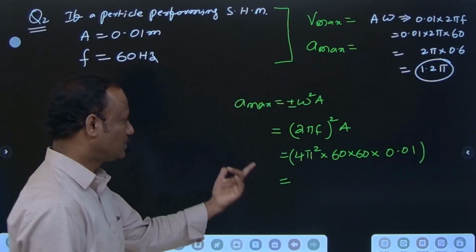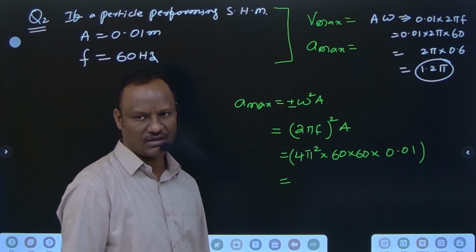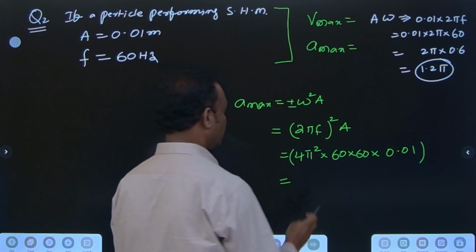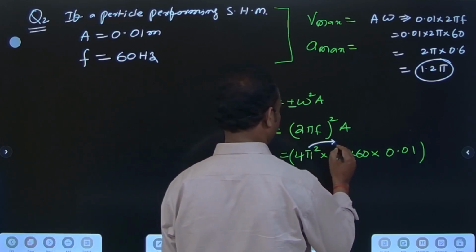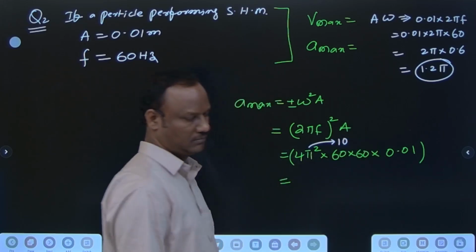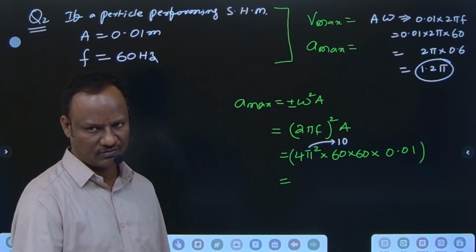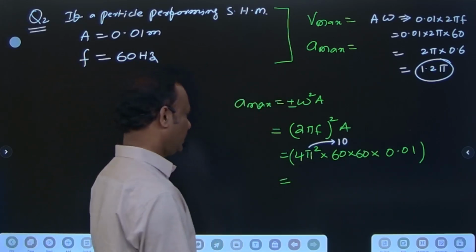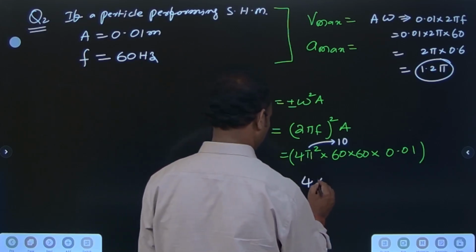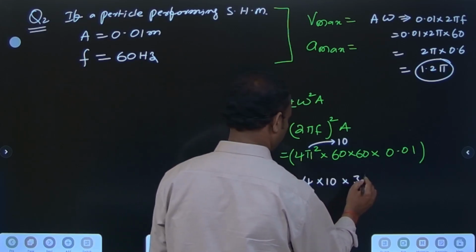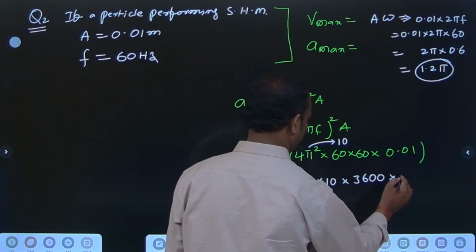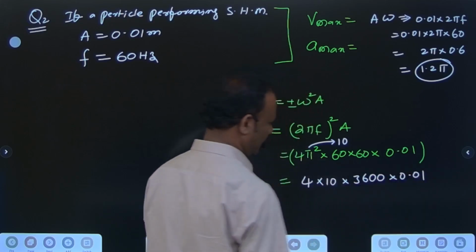According to the options, if it is given in terms of pi square, you can substitute. If it is not given in terms of pi square, approximately take it as 10, since 3.14 into 3.14 is about 9.8. So this is 4 into 10, 3600 into 0.01.